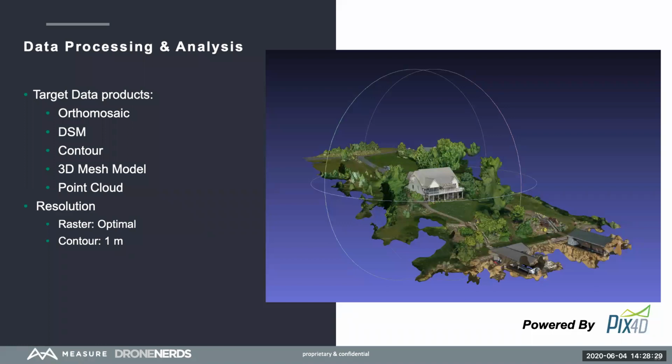A very quick note about resolution. Raster data product resolutions are automatically computed in our system. The engine we're using, which is Pix4D, automatically determines the optimal GSD based on the geometry of the image collection, literally where the images are located in space, and various algorithms.